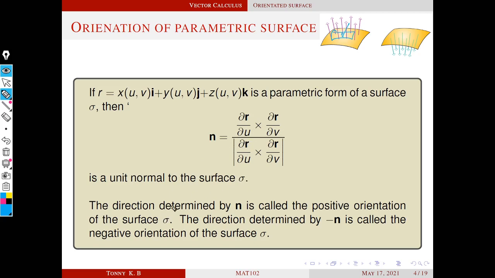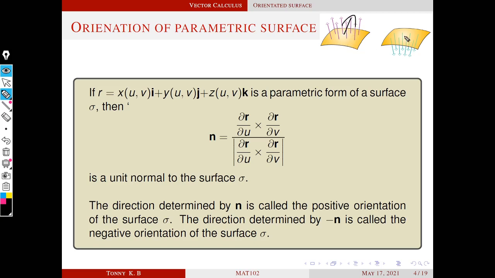Next we are going to define the orientation of the surface sigma. How to define the orientation? The direction determined by n is called the positive orientation of the surface sigma. Suppose this n has this upward direction, then we say that this is the positive orientation of the surface.